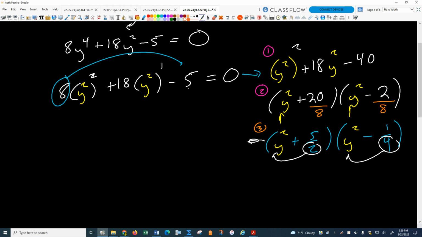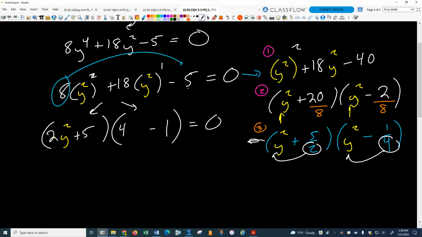So what do we end up getting then? This is going to break up into y squared times 2, right? So we get a 2y squared plus 5 times 4y squared minus 1 equals 0, right?